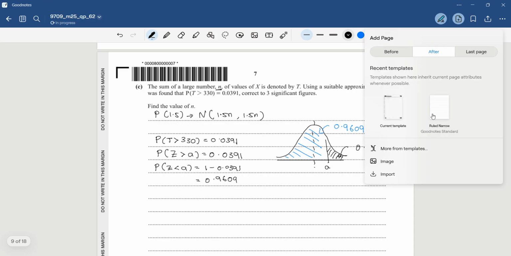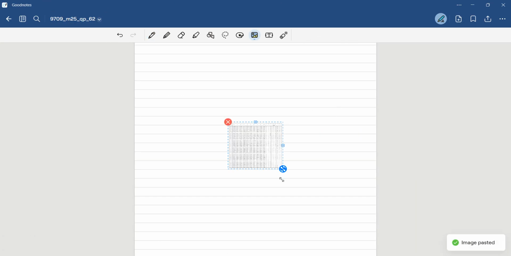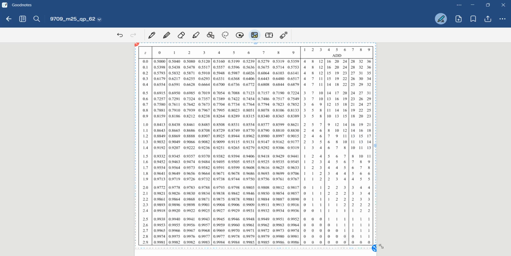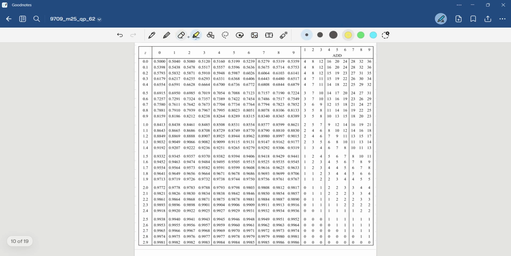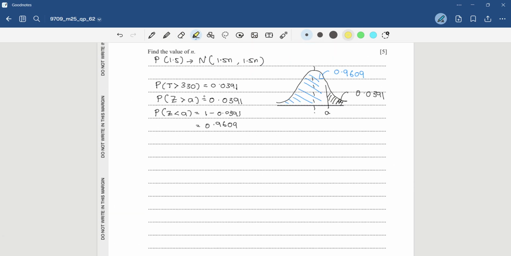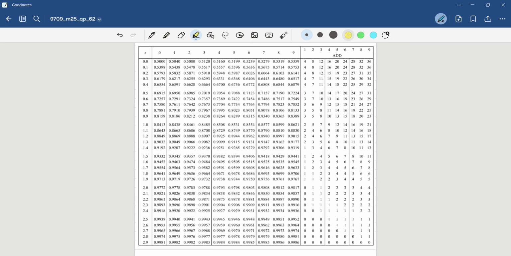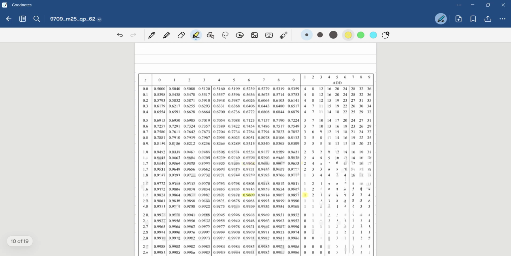So let's go to the table. Looking for 0.9609. Okay, 0.9608, so I add 0.0001 to get 0.9609.